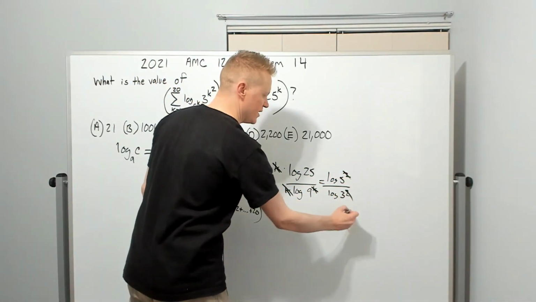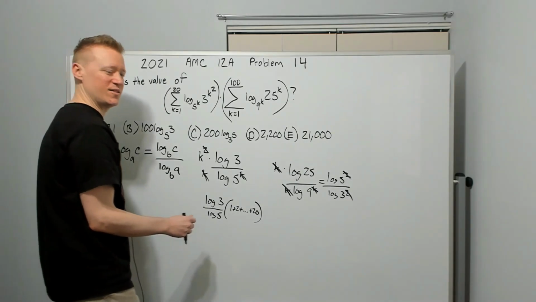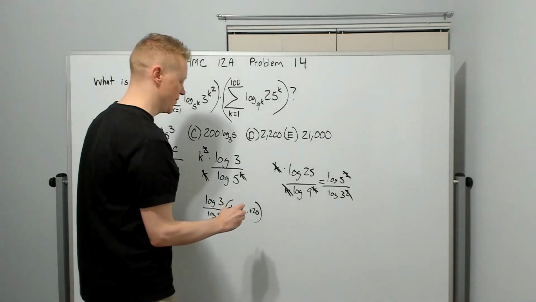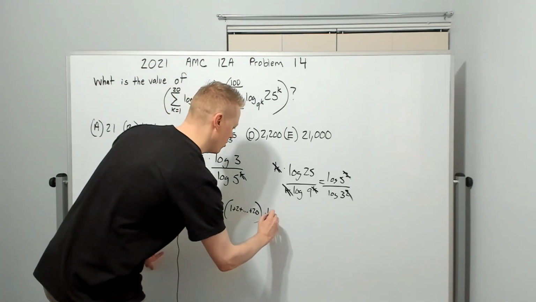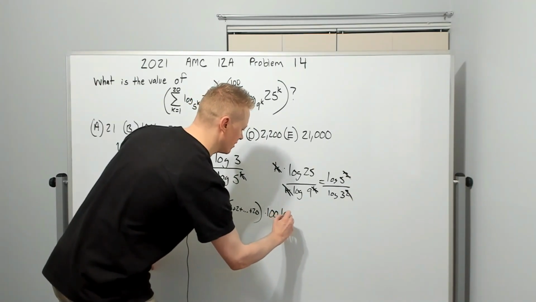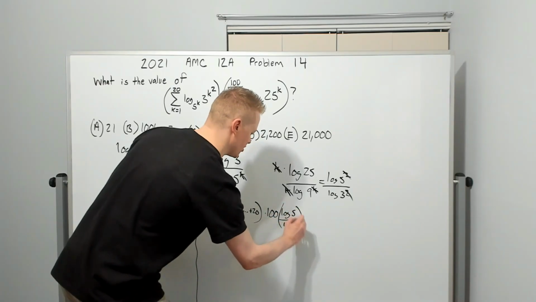And so we don't need them anymore. It's actually, it looks like the reciprocal of this. And how many of these are we going to have? We're going to have 100 of them. So it's going to be times 100 of the log of 5 over log 3 expressions, right?